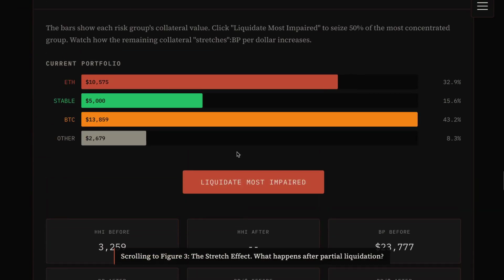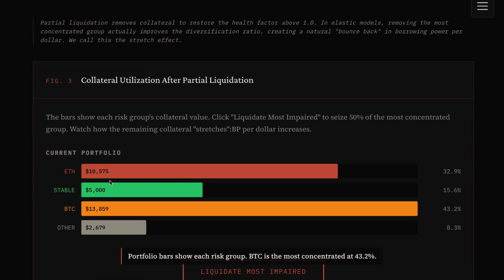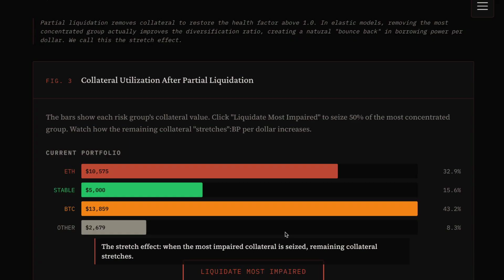This is what we call the stretch effect. Okay, let me start explaining to you. You can see the portfolio bars we have here. The elastic model does something no other protocol does.